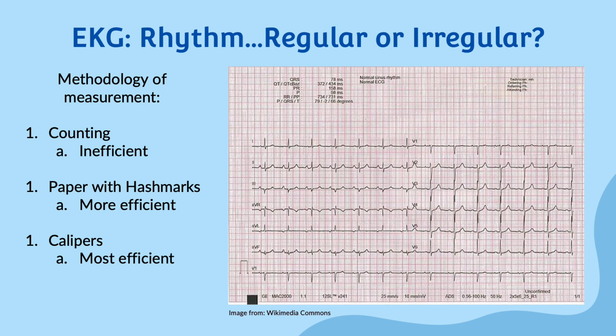They will make marks on 2 overlying QRS complexes, and then they will use that as a set of calipers to make sure that all of the QRS complexes are spaced out evenly. Additionally, it's not seen very much, but some physicians will actually use calipers for this same purpose. And if they do have calipers on hand, it is a very efficient method.